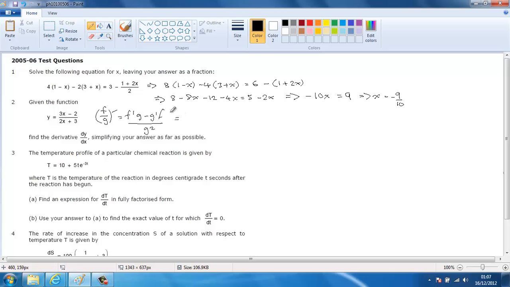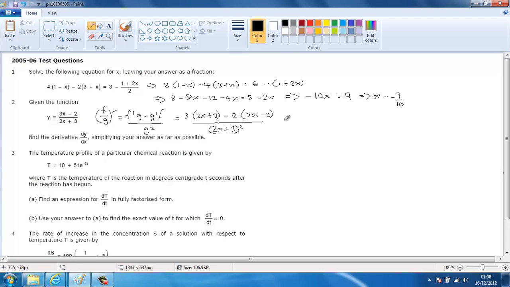So in this case, f dash, the derivative of the top function, is just going to be 3 times the bottom function, minus g dash, the derivative of 2x plus 3, will be 2 times f, the top function, all over 2x plus 3 all squared, or g squared.